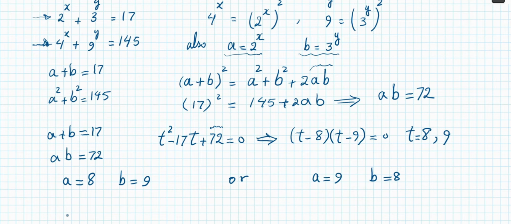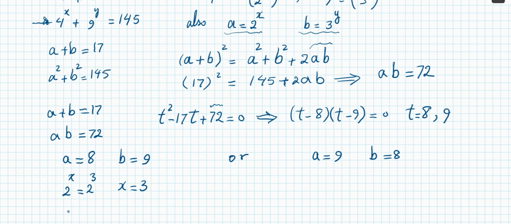So, in this case, 2 to the power of x is 8, or 2 to the power of 3, and x is 3. 3 to the power of y is 9, which is 3 to the power of 2, and y is 2. So that would be one set of solutions.